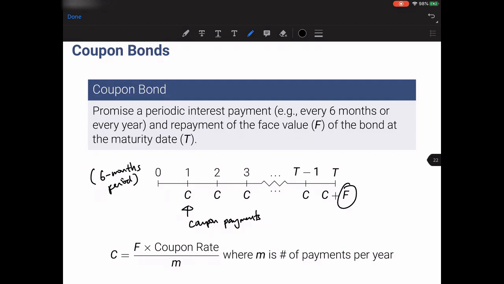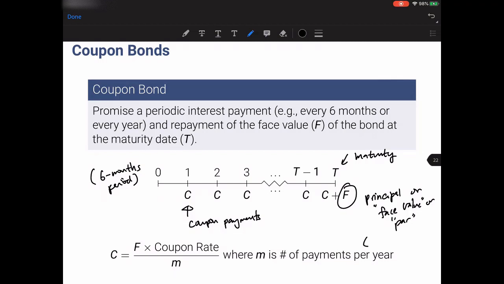And we receive one final additional payment at maturity. So T is called maturity. And that is your principal or the initial amount of money that you lent out. Or sometimes it's called the face value or par. Okay, these all mean the same thing.